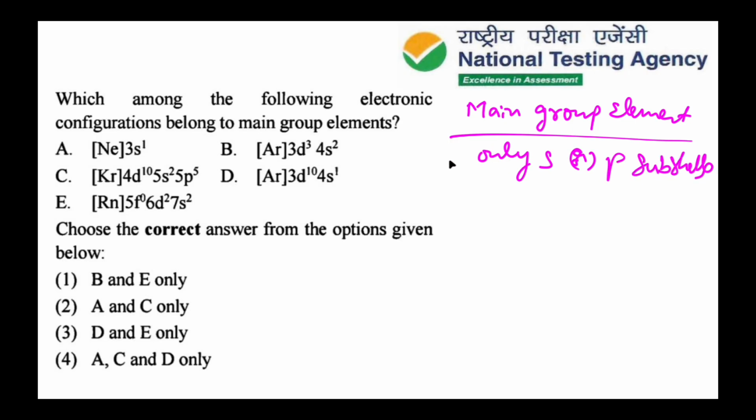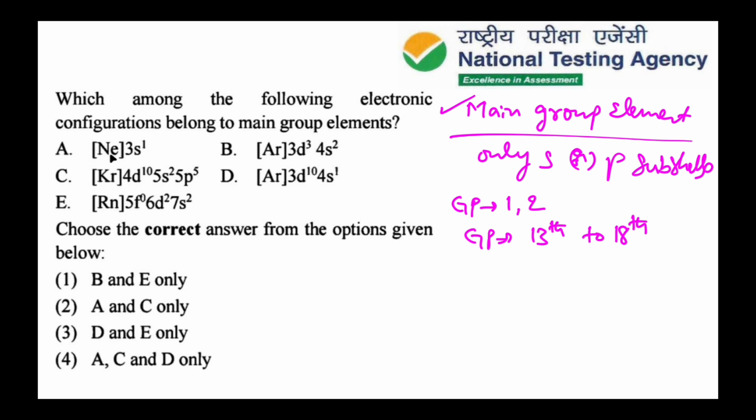These are group 1, group 2 and from group 13 to 18. So these contain s or p subshell electrons.